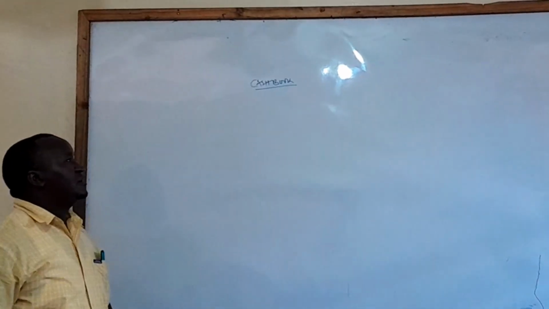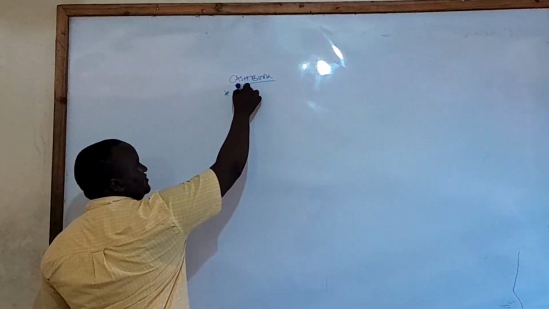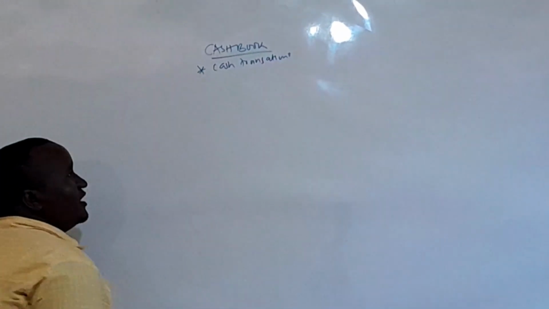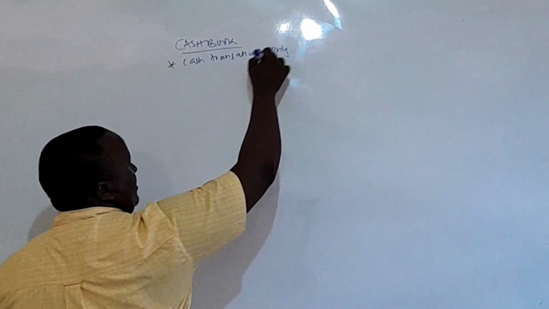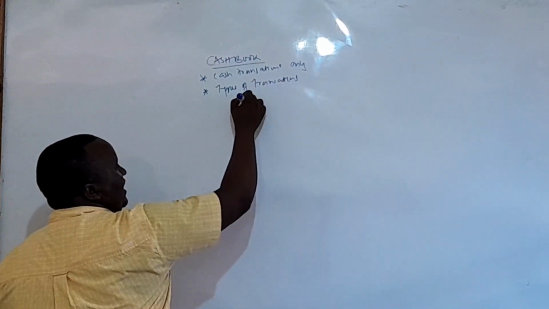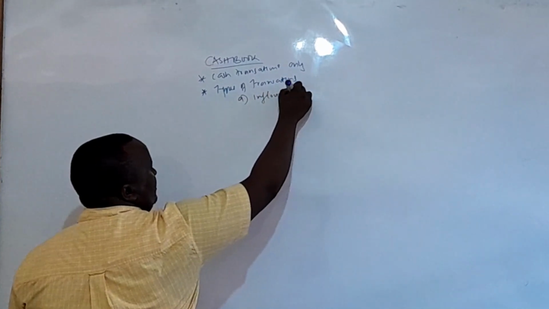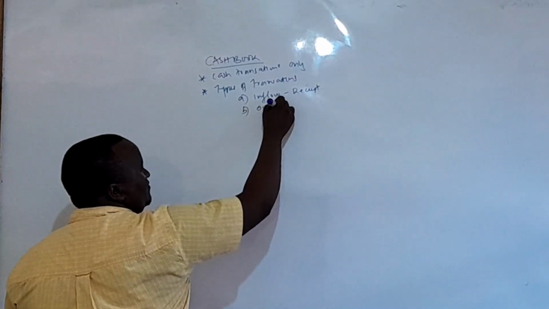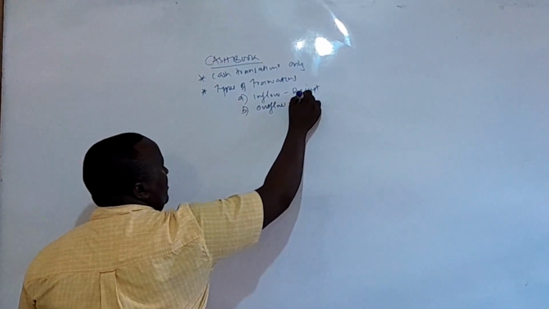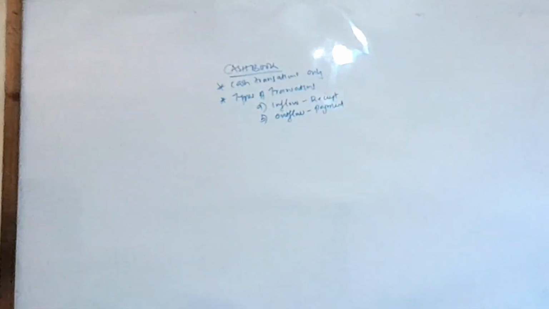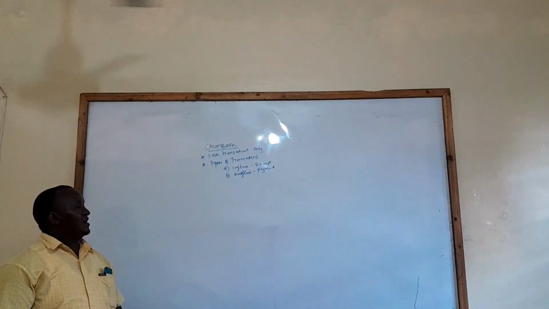When you're dealing with the cash book, it records cash transactions only, and there are two types of cash transaction, which can either be an inflow, which you call a receipt, or an outflow, which you call a payment. You're either receiving or you're paying. Inflow is a receipt; outflow is a payment.